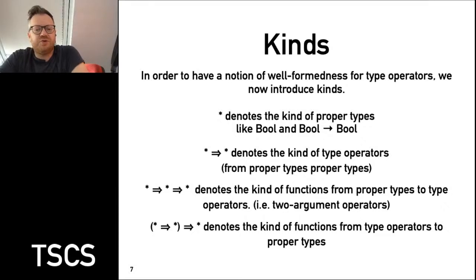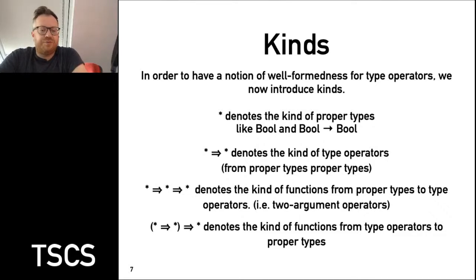That is, for instance, where two-argument operators live. So these are functions that take proper types to type operators. If you have multiple arguments in your type operator, you can just chain these, and then you have denoted this kind. However, your type operator is then of a different kind, and so on.